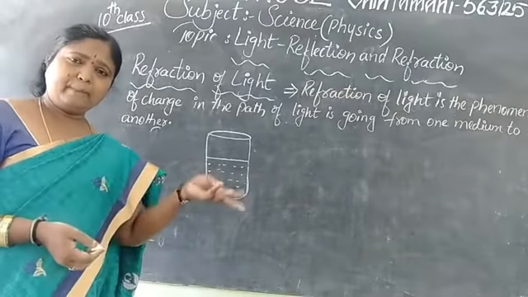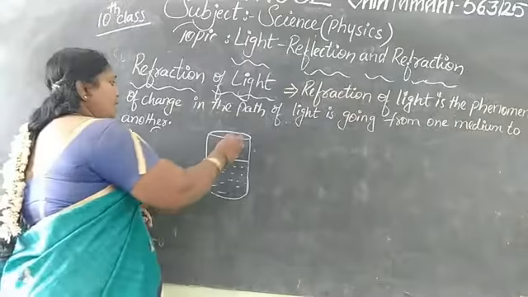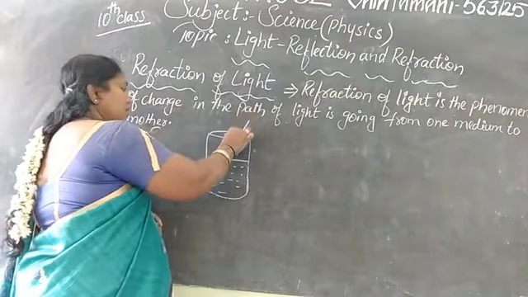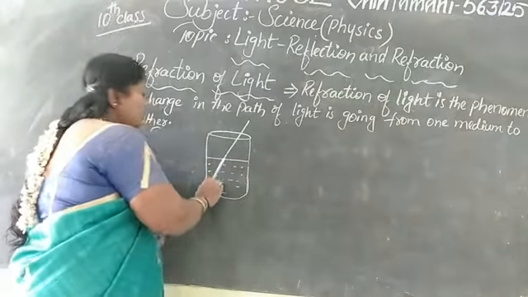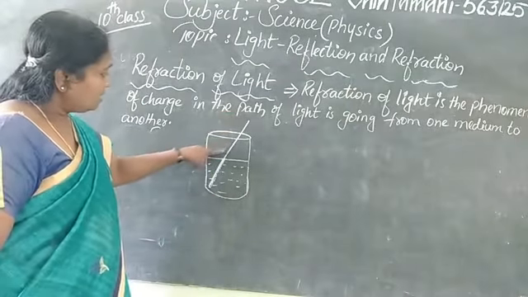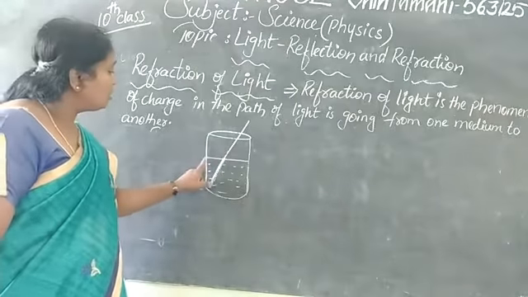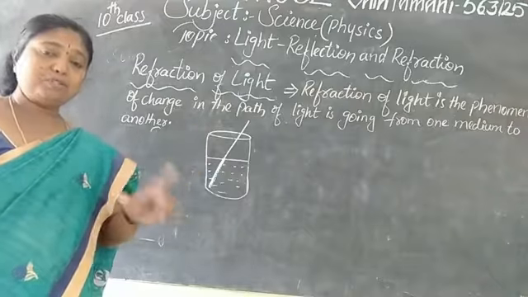Then take a pencil or a scale or a spoon or a stick, whatever it may be, and dip it into the water. If I take a pencil up to the water level, it is in the normal position.